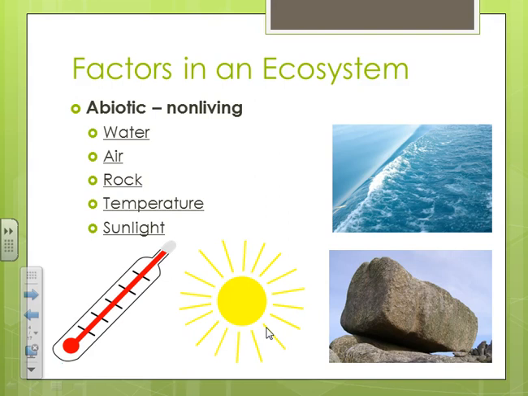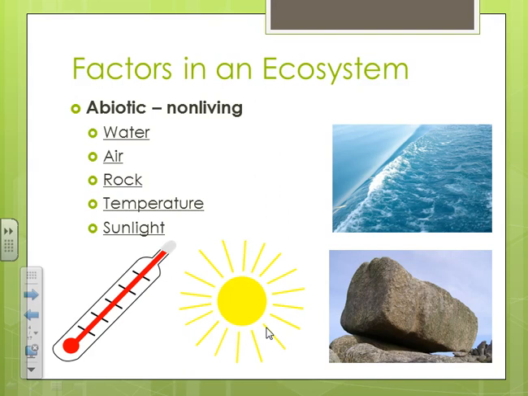Anytime you put that in front of a word, it means not. And then bio means living. So abio or abiotic means not living, never living. Okay, some examples of abiotic factors that you will find in ecosystems will be water, air, rock.